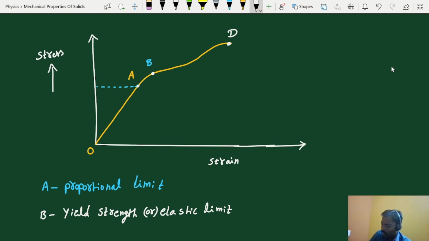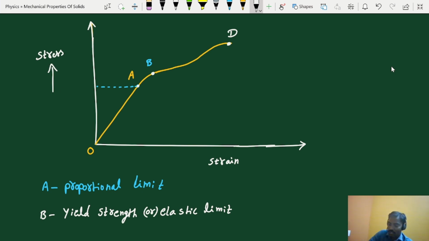Now here, between B to D, wherever you remove the load, the wire does not come back to the original state. You can say it does not come back to the original shape or size.